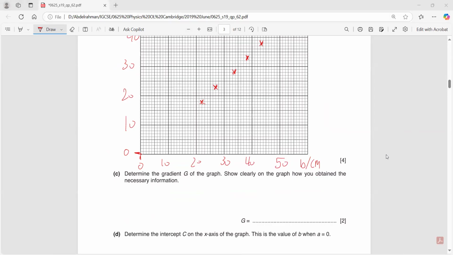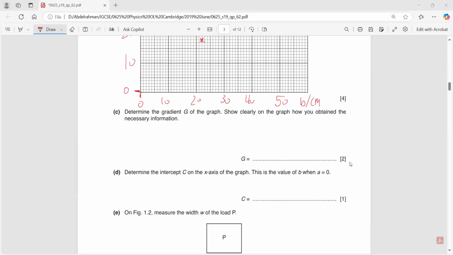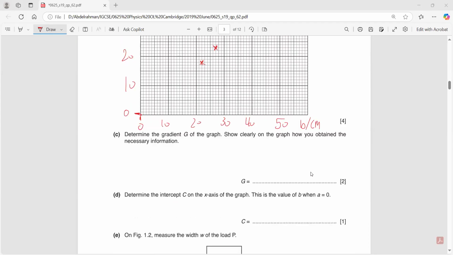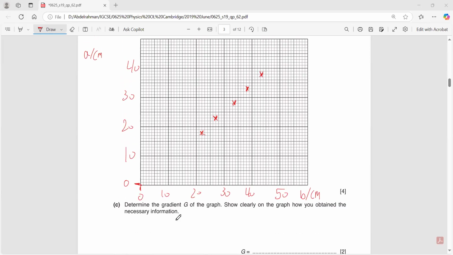And then can I find G? I think I need to extend the graph until it reaches the x-axis. Determine the intercept C on the x-axis of this graph. So let's first of all draw the line. Draw the straight line using the ruler, passing through most of the points.